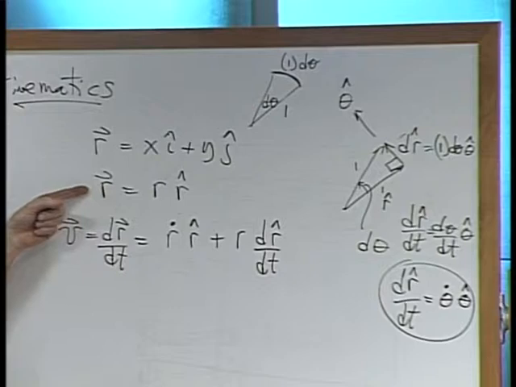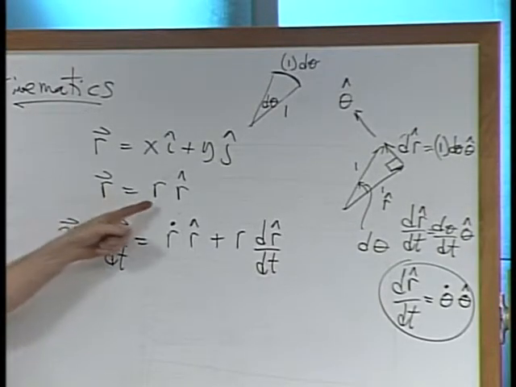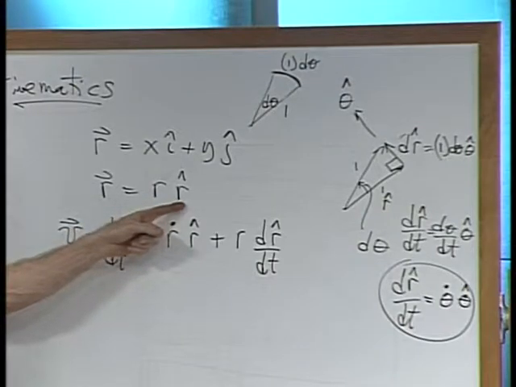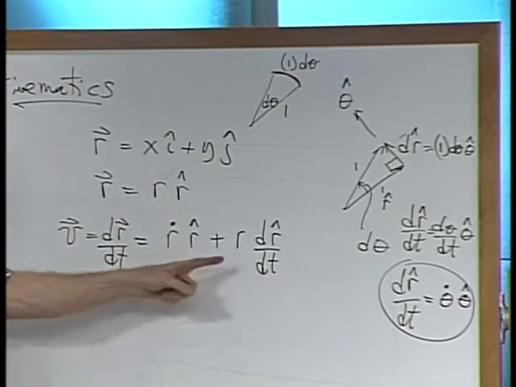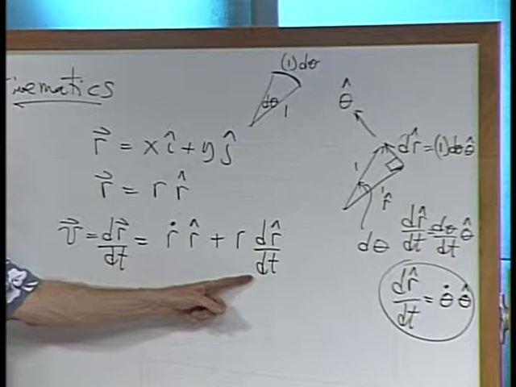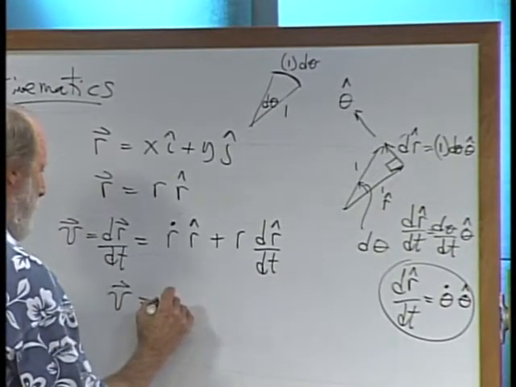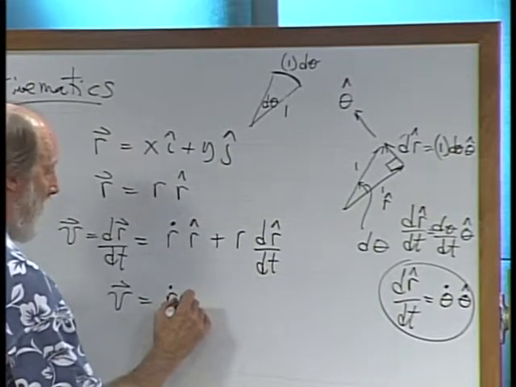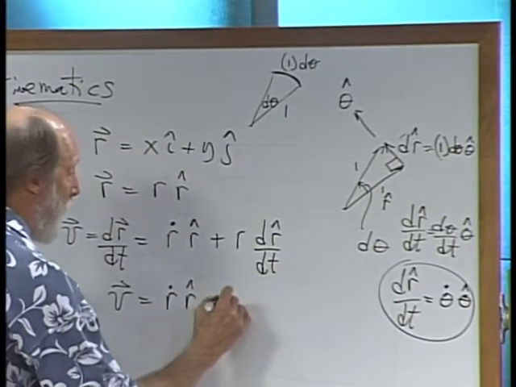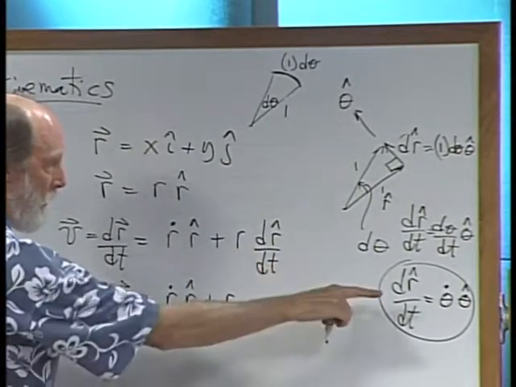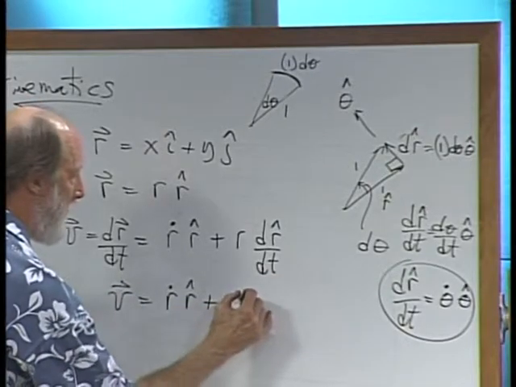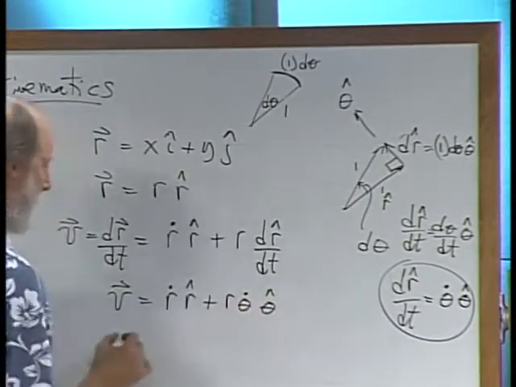So it started out real simple. Our position vector is r times r hat. And then you crank the time derivative and it gets a little more sophisticated. And this now turns into our velocity expression, which we use a lot: r dot r hat plus r, replacing this with theta dot in the theta hat direction.